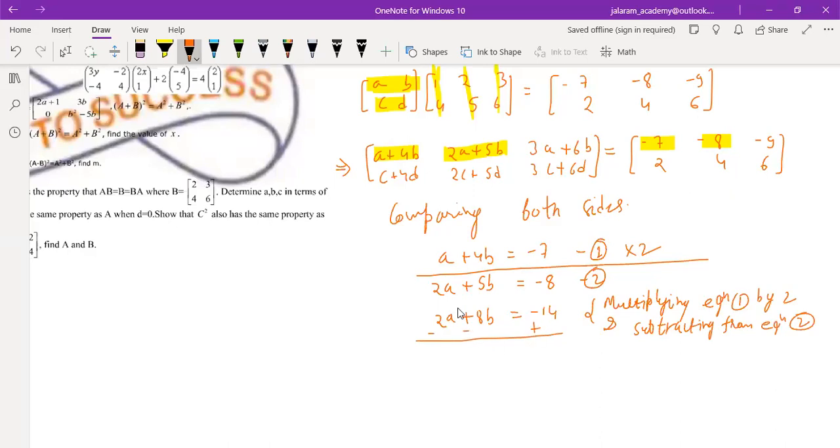Minus, plus, 2a, 2a cancelled out. 5b minus 8b, minus 3b equals -8 plus 14, 6. It implies b equals -6 by 3. So b equals -2.